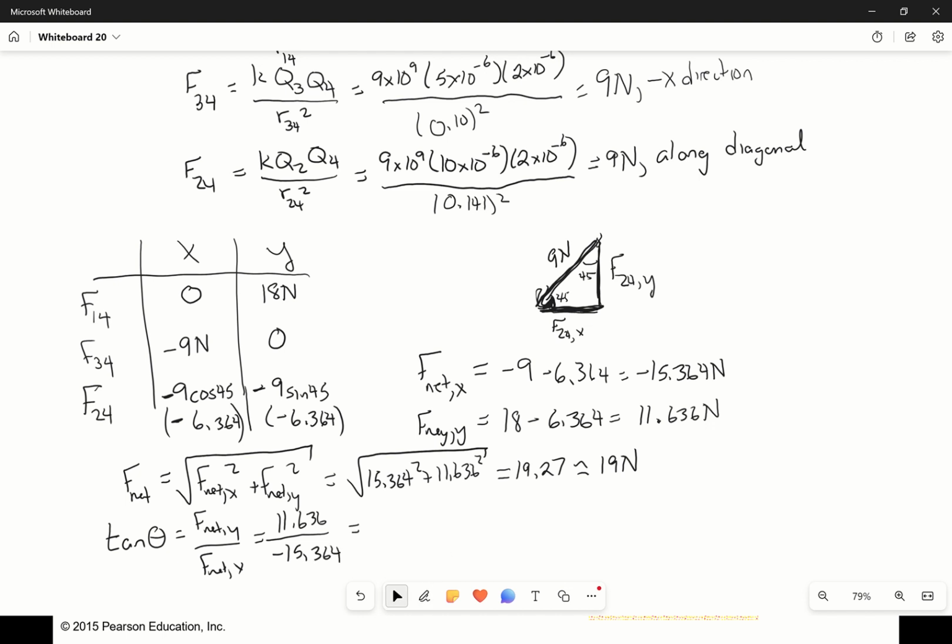And that gives me negative 0.757. How do I get the angle from that? Well, theta is going to be the inverse tan, the arctan, whatever you want to call it, of negative 0.757. And so it gives me minus 37.14 degrees.